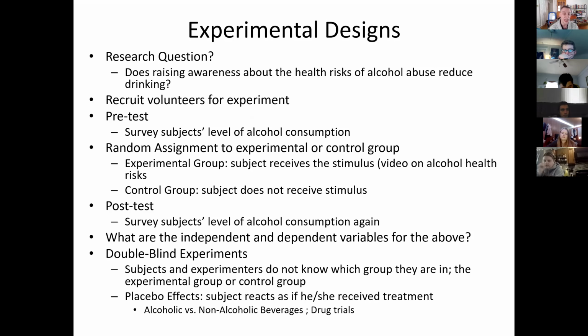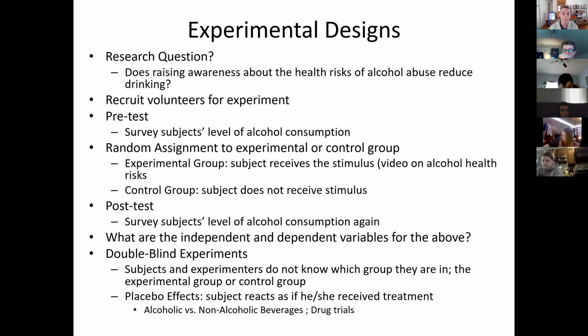Oftentimes, as a safeguard against interfering with the validity of results, researchers doing experiments will want to do what's called a double-blind experimental design. That means that the subjects don't know if they're in the control group or the experimental group.